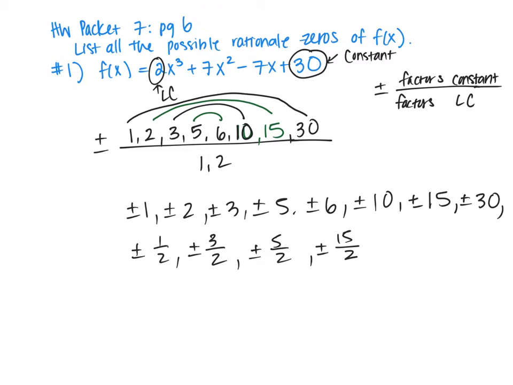It can't be reduced, so I'll add that to my list. 30 divided by 2 is 15, which is already on my list. So it looks like my list of possible real zeros is this long one here.